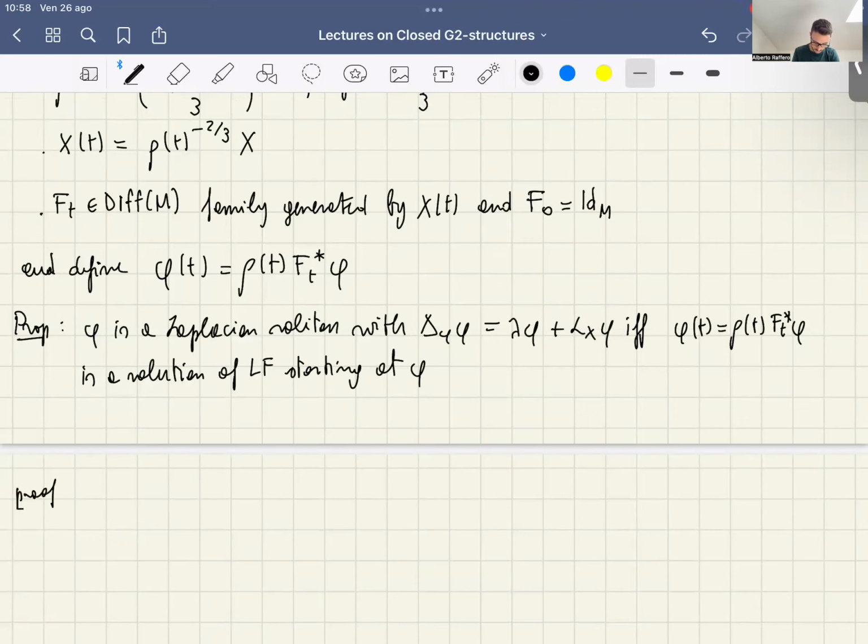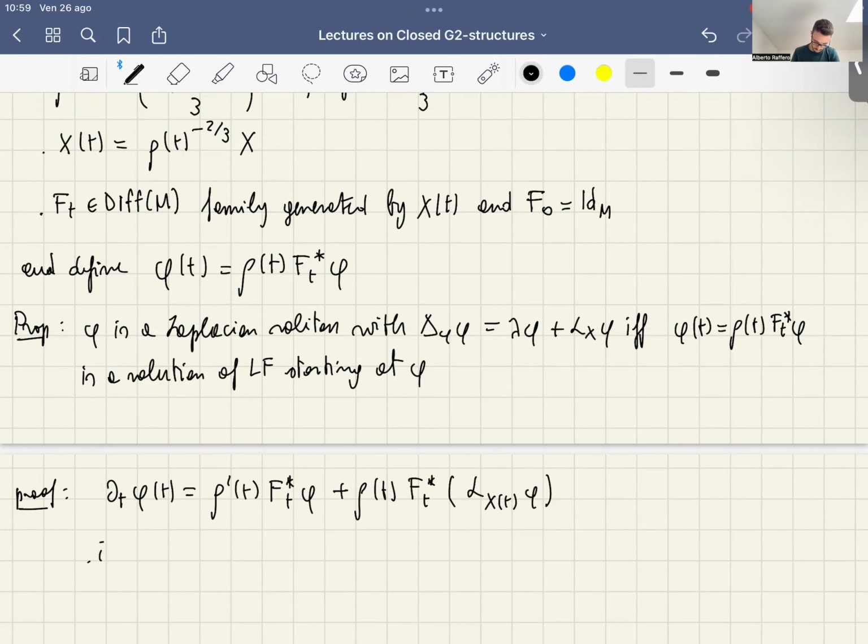In fact, also the proof is very similar, because if you consider this expression and you take the time derivative of it, then you will get the derivative of rho times the pullback of phi plus rho t times the pullback of the Lie derivative with respect to X_t of phi.